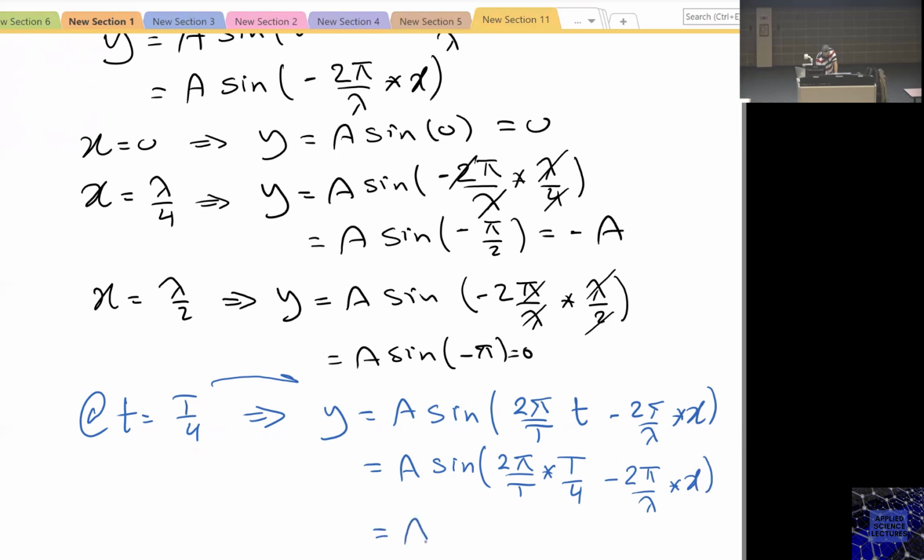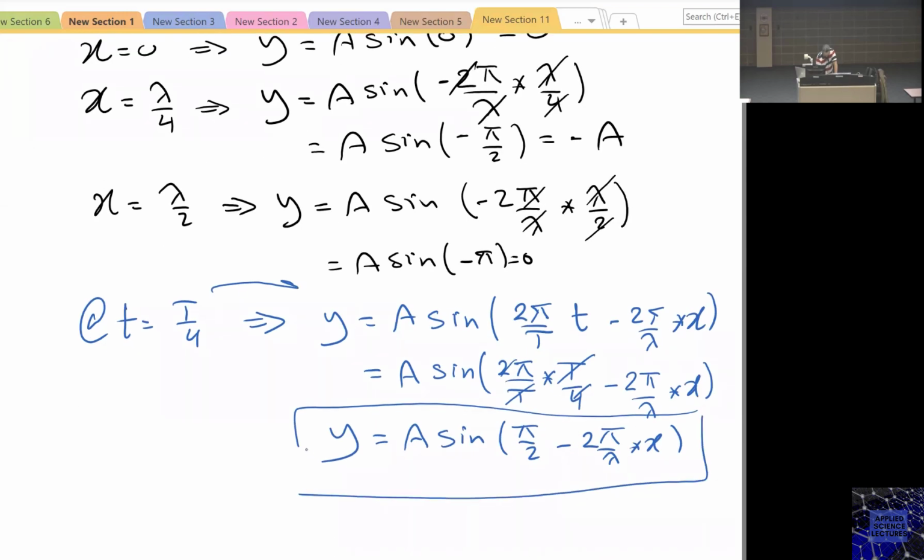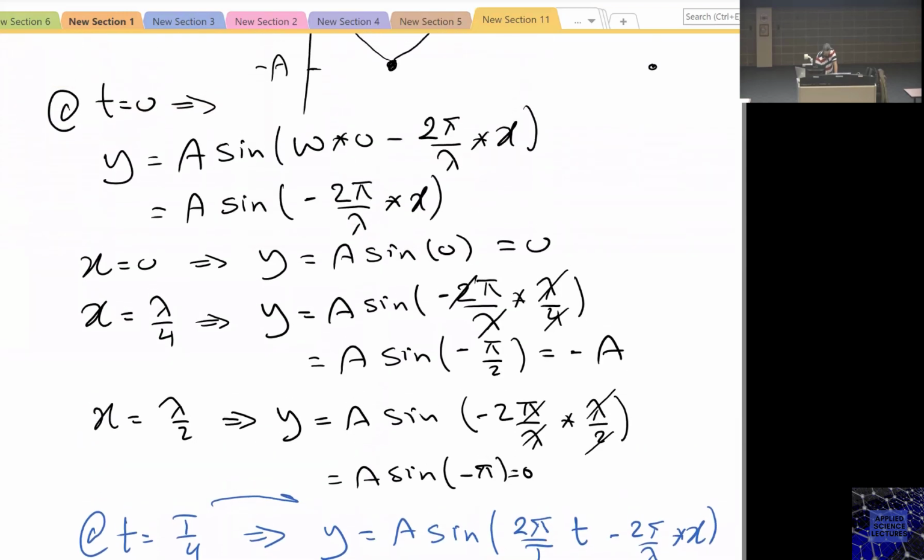And the function now becomes A sine. T is going to cancel. Pi over 2 minus 2 pi over lambda x. Now this is the function that I need to plot. When it was t equals 0, that was the function I wanted to plot.